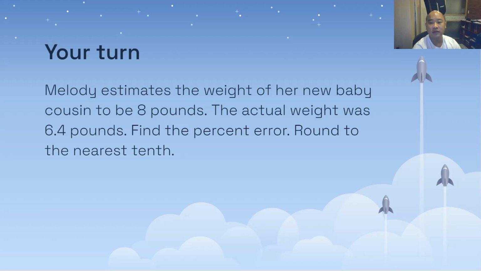Okay, your turn. Let's say that Melody estimates the weight of her new baby cousin to be 8 pounds, but the actual weight is 6.4 pounds. So we take her estimate, 8 minus 6.4, take the absolute value of that. It's over the actual weight, which is 6.4, and we're going to round to the nearest tenth of a percent.